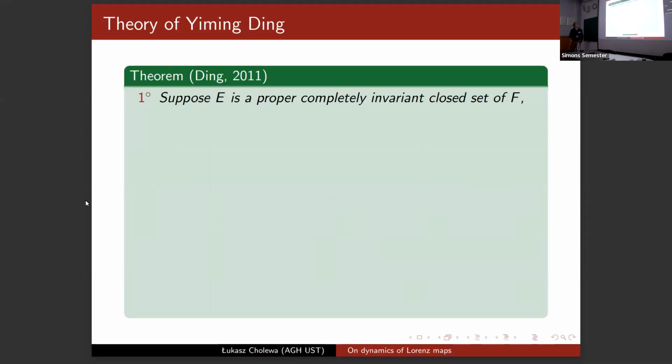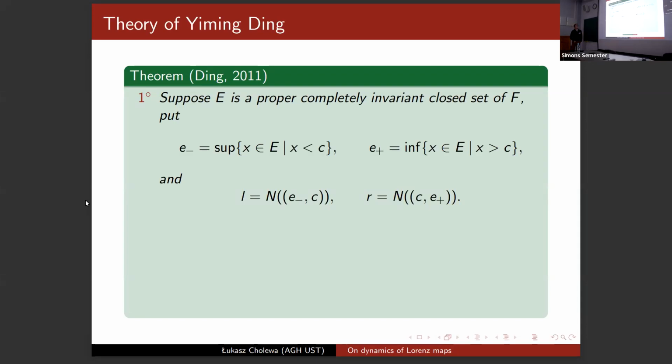if I have a completely invariant, closed and proper set E, then I can construct a renormalization using the following procedure. At first, I compute E minus and E plus, that is, the two points from the set E that are the closest to the critical point C, from the left and from the right.